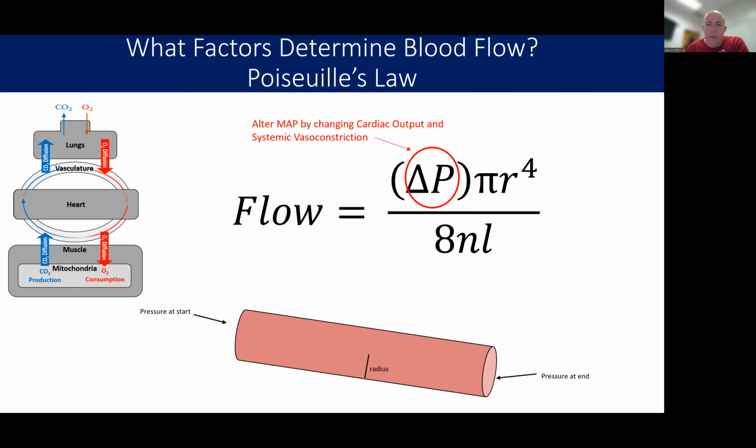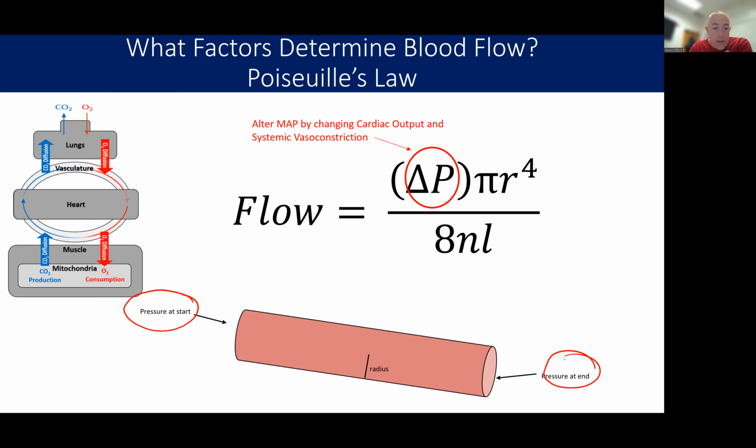So your blood flow can be described by something called Poiseuille's law. And in this law, you might have learned this in physics, flow through a tube is influenced by the perfusion pressure. That's what this triangle P, delta P, means. So the perfusion pressure would be how much pressure is at the start of the tube versus how much pressure is at the end of the tube.